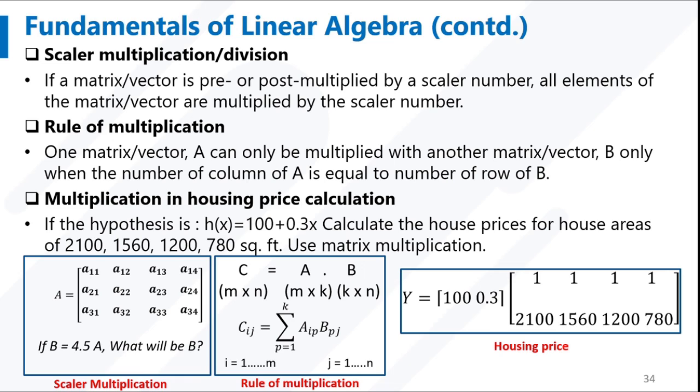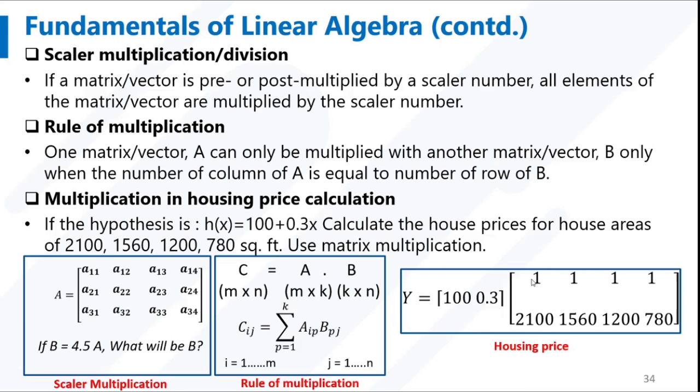Let us form a row matrix with the elements in the hypothesis, 100 and 0.3, and the square feet, that means the areas, are arranged in a second matrix. 1 is the first row and the areas in the second row. Why have we arranged it in this way? If you multiply these two matrices, you will get the prices for different square feet. For example, in this case, 100 and 0.3, this row will be multiplied with this column.